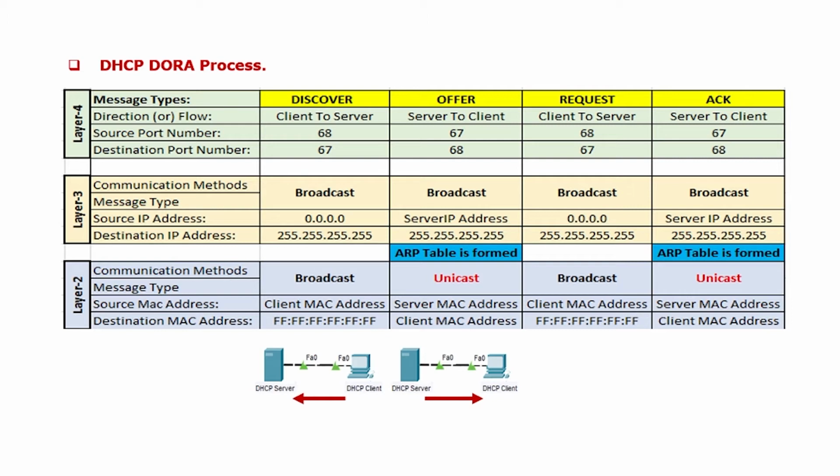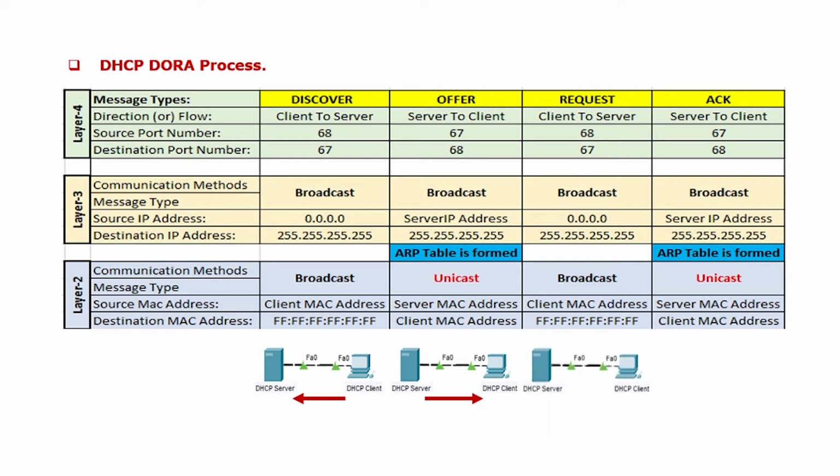In layer 3, the server IP address is given to the client with the help of the 255.255.255.255 broadcast IP address. In layer 4, the port numbers will be interchanged. So the source port will be 67 and the destination port will be 68. Now the direction flows from server to client.